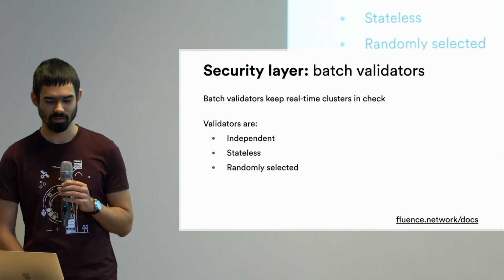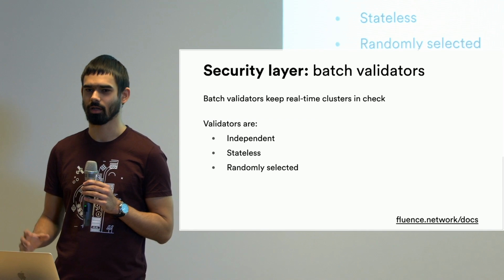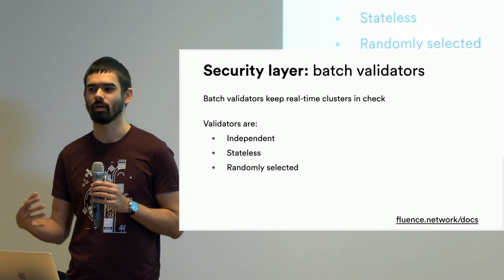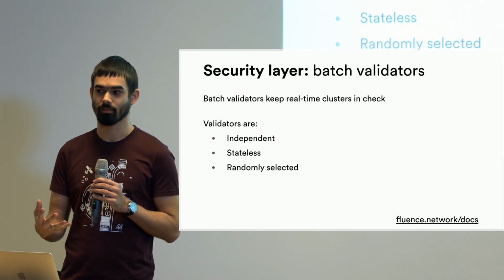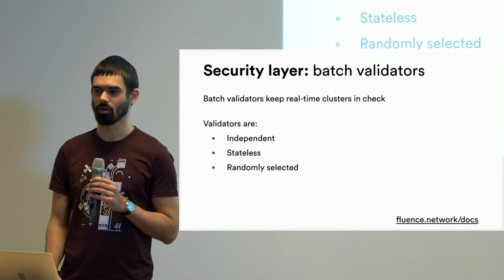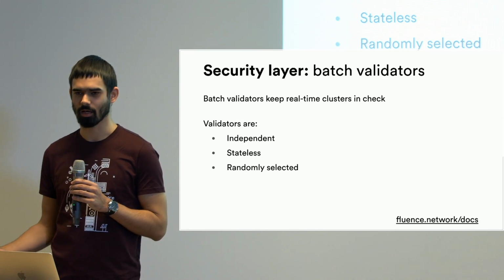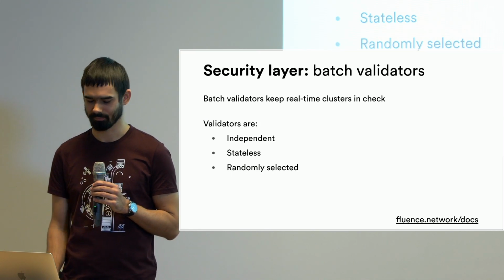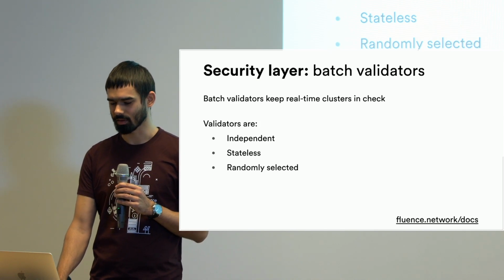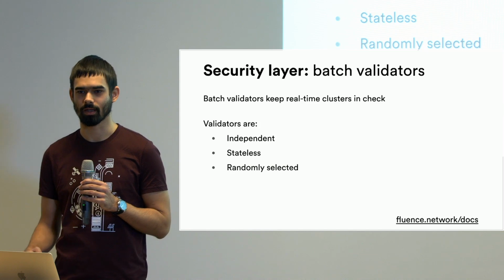Validators are independent from each other, and also independent from the real-time clusters. They're stateless, so any node in the network which has enough capabilities can become a validator. And validators are randomly selected, so they are not known in advance.